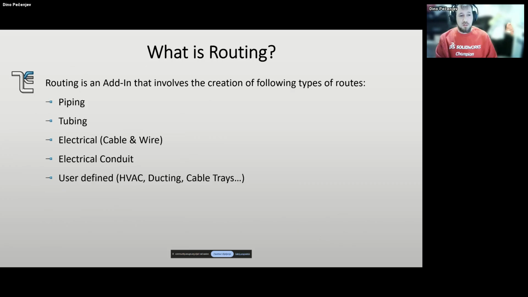There are also user-defined routes such as HVAC, ducting, cable trays, or if you want, you can even make something else. So it's quite roundabout and pretty robust. We're going to go through some starting techniques so you can easily get going with routing.